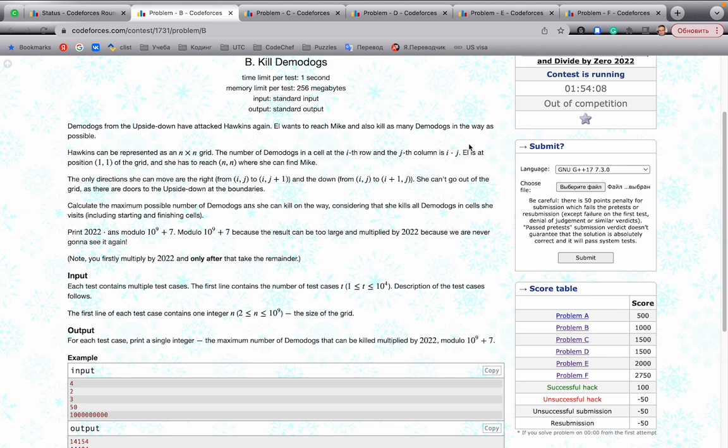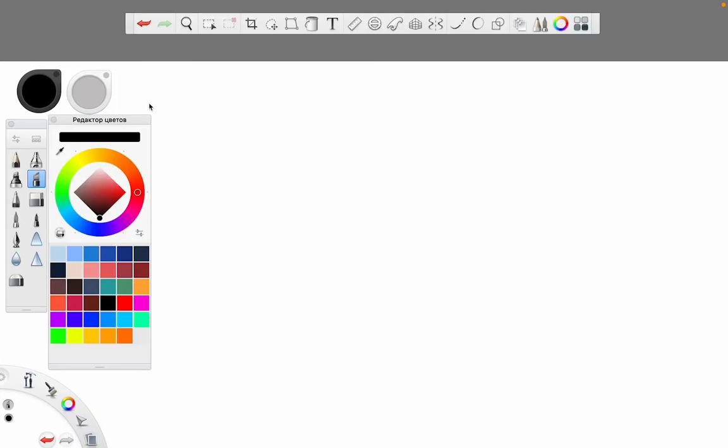And let's look at each diagonal, like when i plus j is fixed.